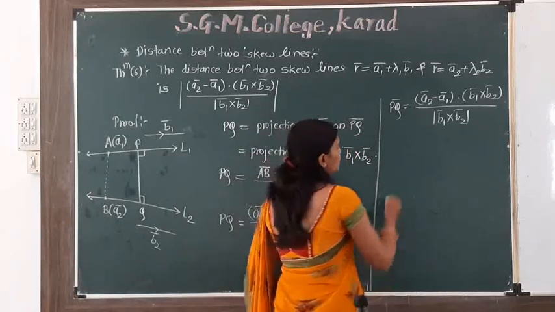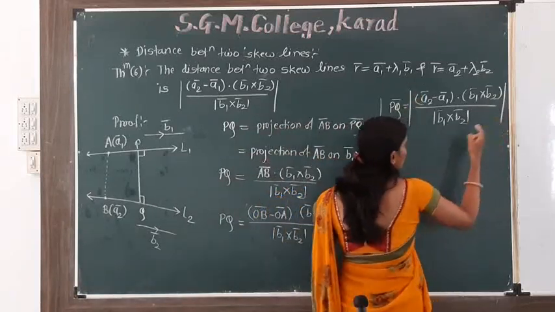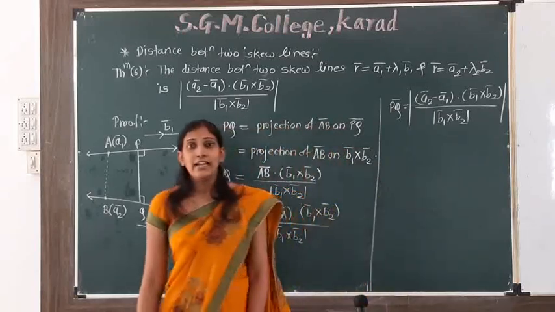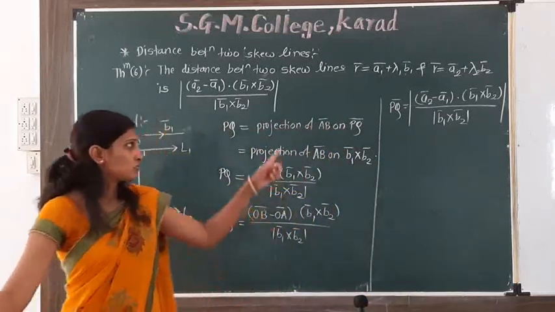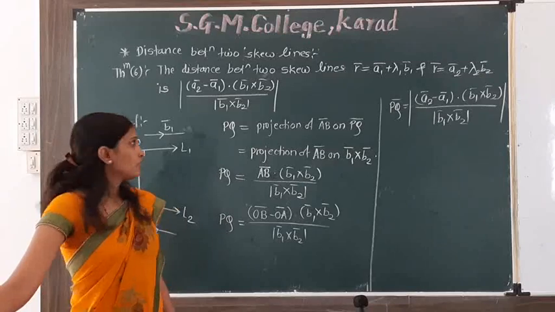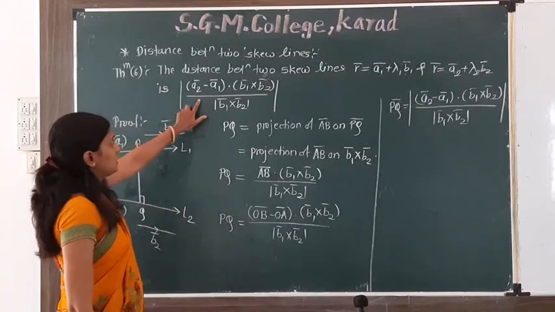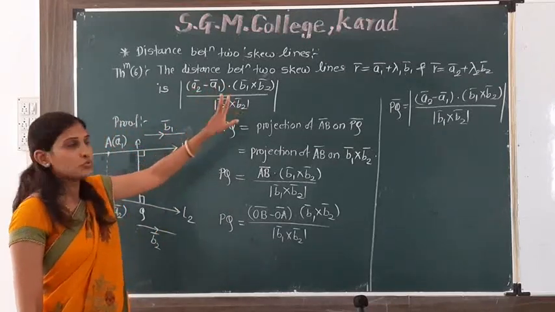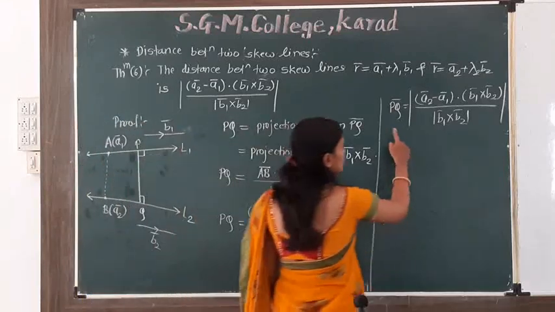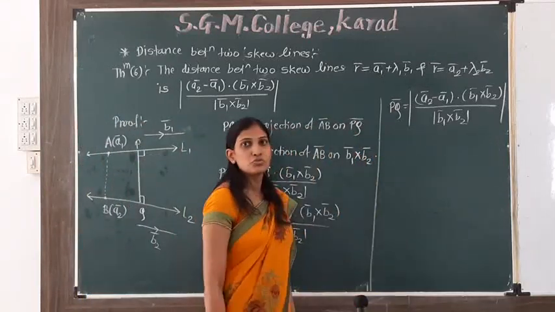Finally we take the modulus, because this is a distance and distance is always positive. So this is the distance between two skew lines, and this is our formula.